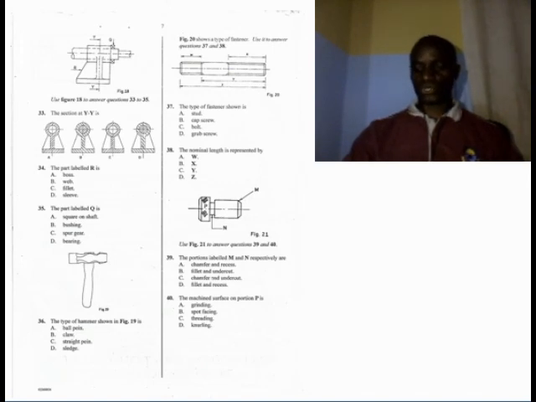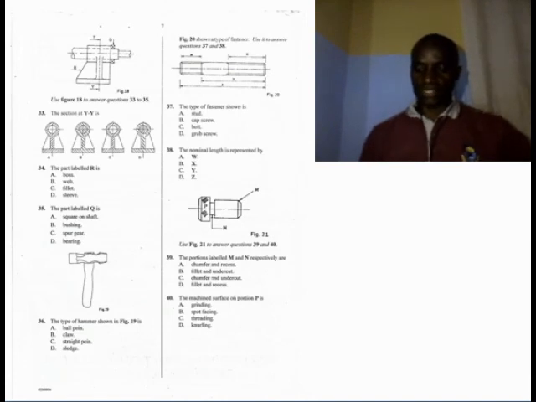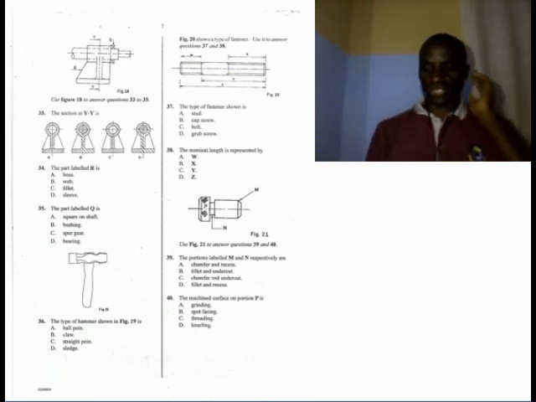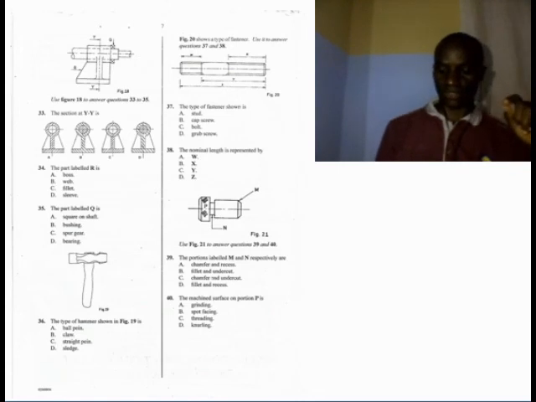The portions labeled M and N represent, respectively, A, chamfer and recess, B, fillet and undercut, C, chamfer and undercut, D, fillet and recess. The correct answer is A, chamfer and recess.